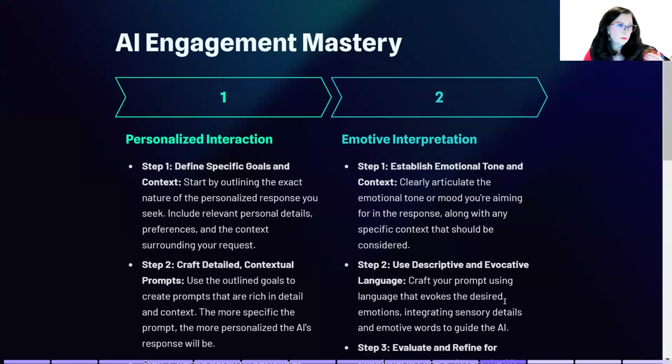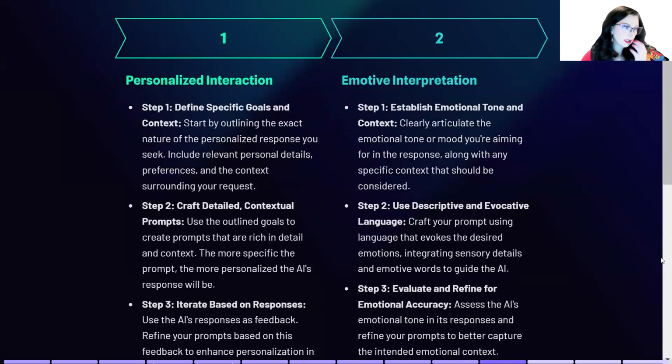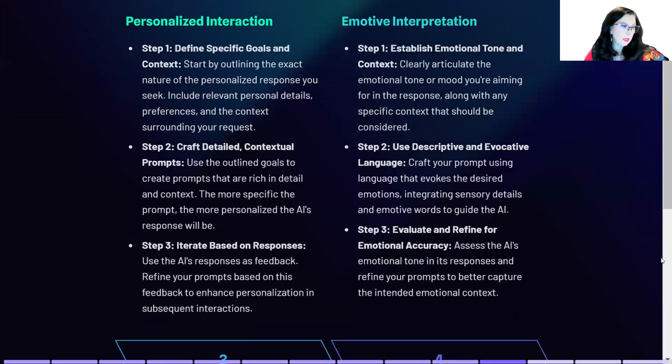So define your specific goals, craft your details. You can establish your tone, ask it to give it to you in a specific tone. You can also try to use descriptive language, as well as evaluating whatever you're getting back from the LLM and making sure that it is what you want.